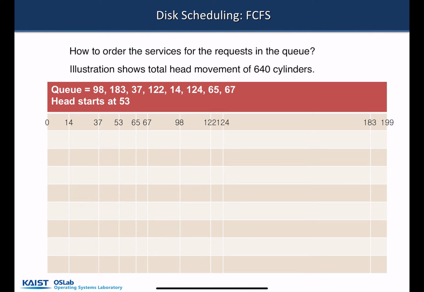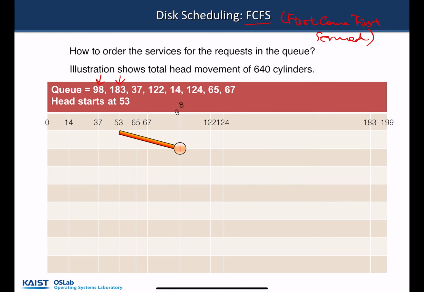Let me explain the disk scheduling algorithms. A disk scheduling algorithm is how to order the services for the requests in the queue. The first one is first come, first served. This is the queue of requests, in the order in which they arrive. First come, first served means each request is serviced in the order it arrived.